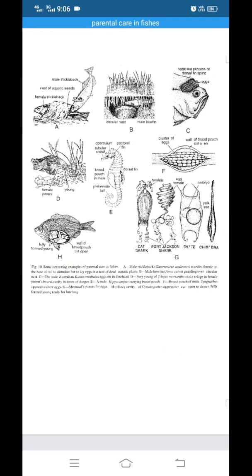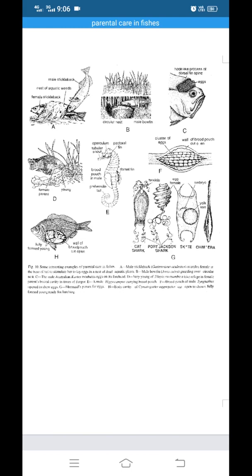A second kind of parental care is coiling round the eggs, and its example is Phollis, in which one parent, most probably the male, guards the eggs by coiling around them, rolled into a ball or sphere, until they are hatched.